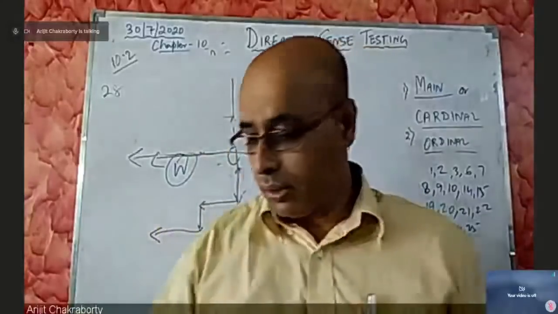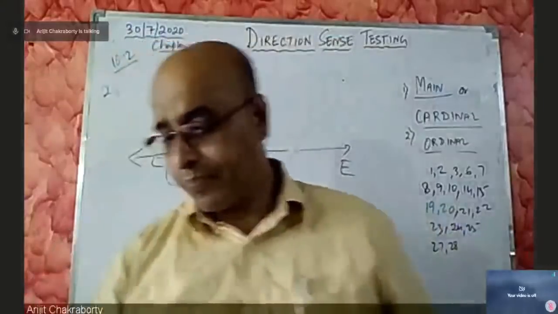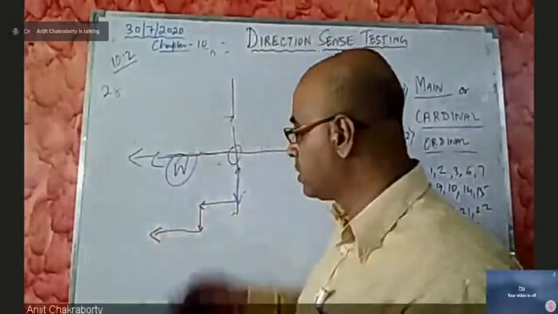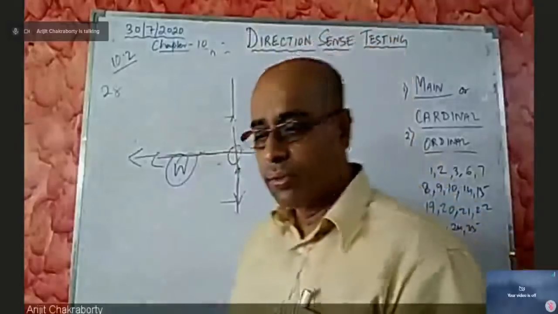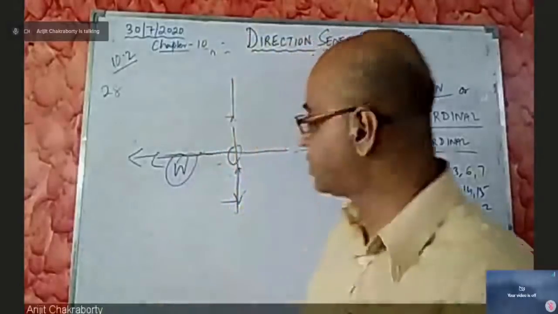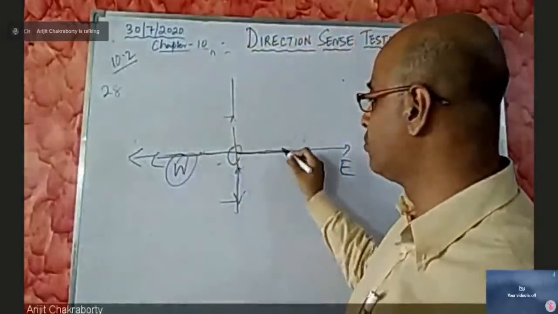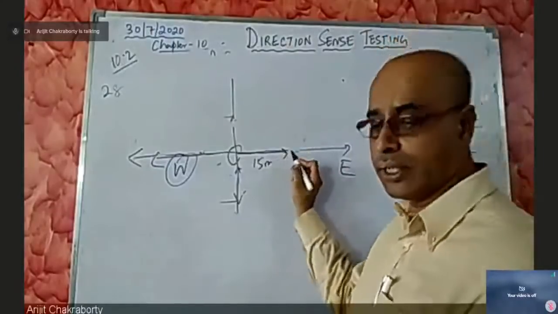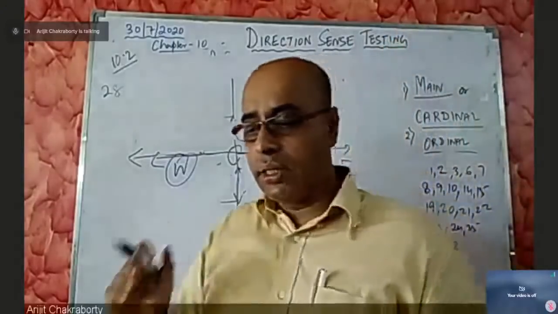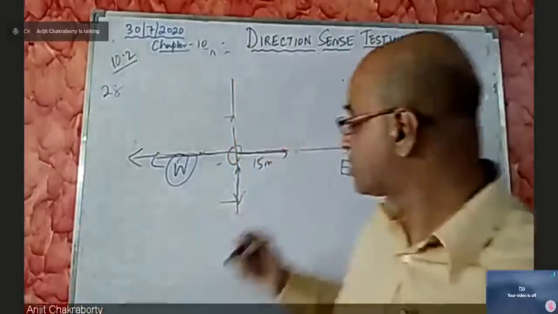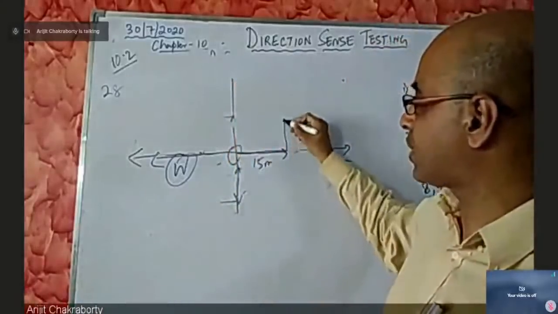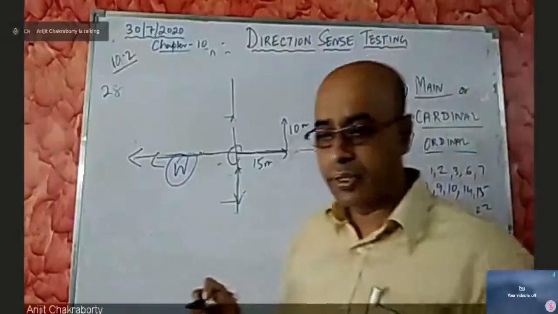Okay. Right. 29. A man starts from a point, walks 15 meters towards east. Turns left and walks 10 meters. So at this stage, turns left and walks 10 meters.